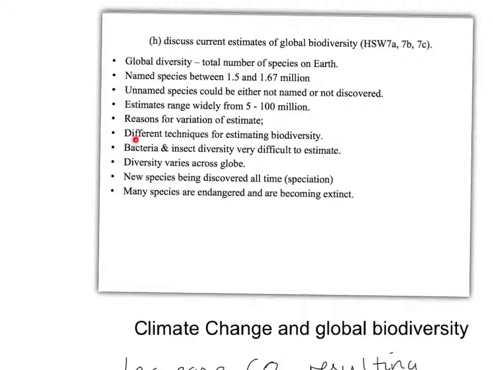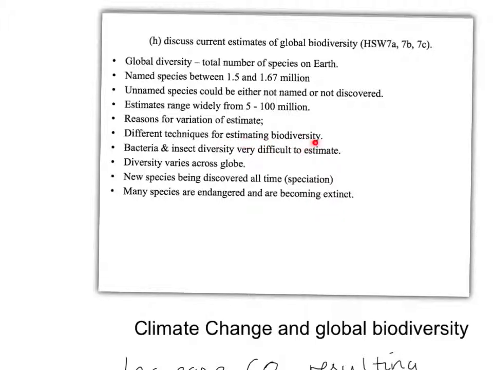Of course, different scientists might have different techniques for estimating biodiversity. For example, if we worked out the estimate of biodiversity in the county of Wiltshire, and multiplied that up to the biodiversity across Great Britain, we couldn't assume that the biodiversity across Great Britain was representative of what we find in Wiltshire.